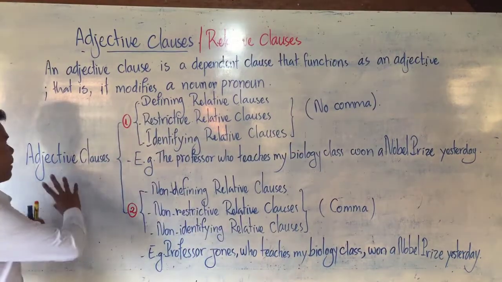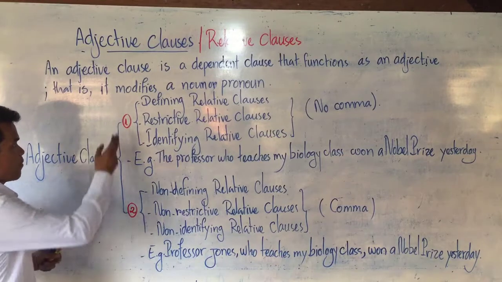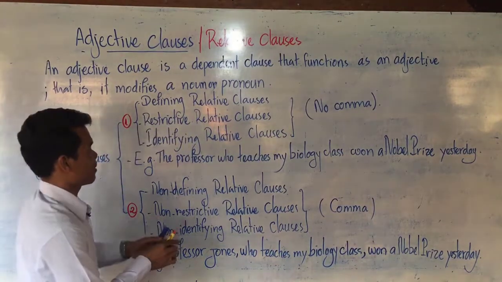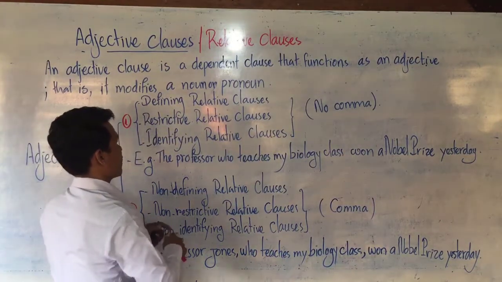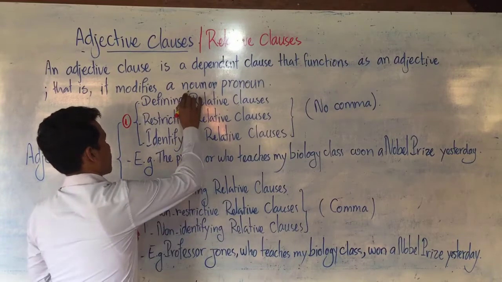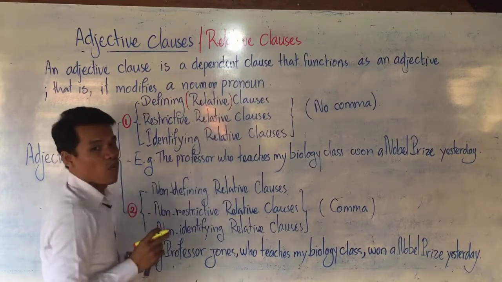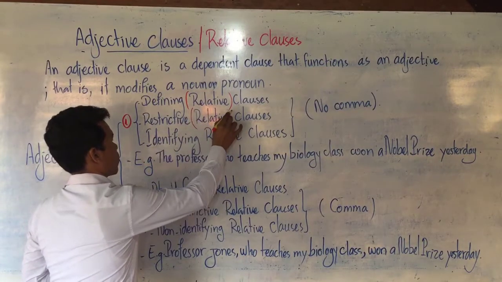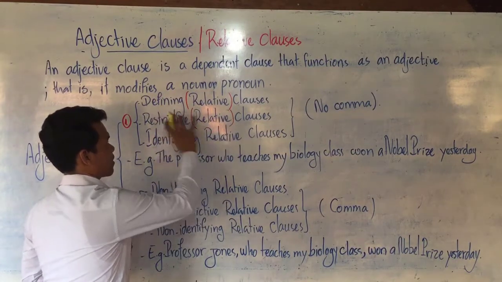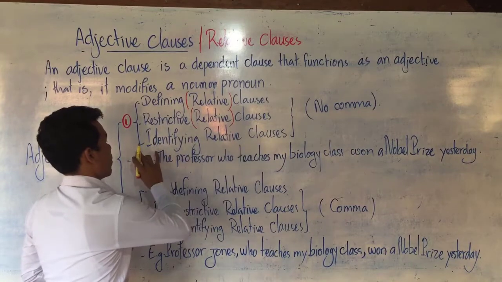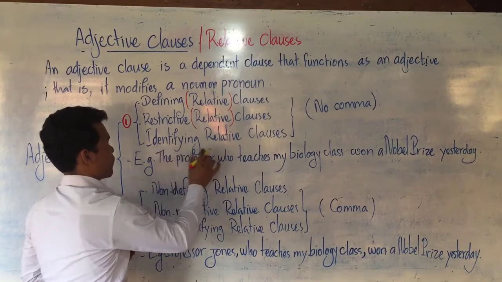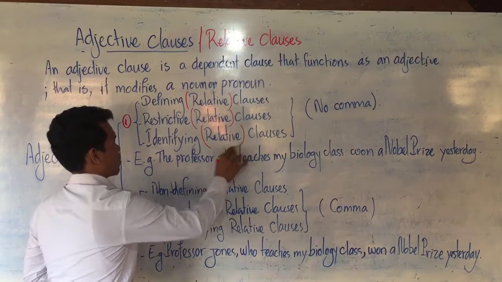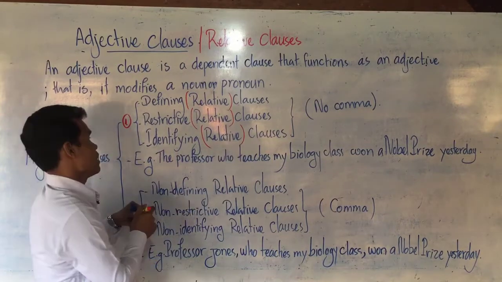There are two types of adjective clauses. Number one, defining relative clause. You can call it only defining clause, that's it, no need for relative clause. One more name of this adjective clause is restrictive relative clause or restrictive clause. Another book calls it identifying relative clause or identifying clause.